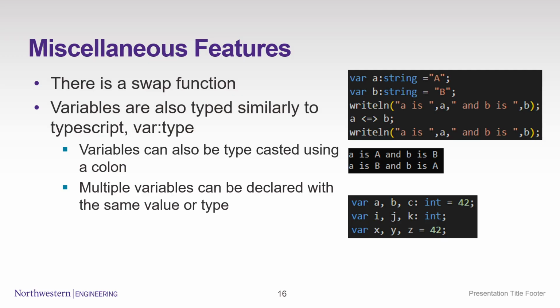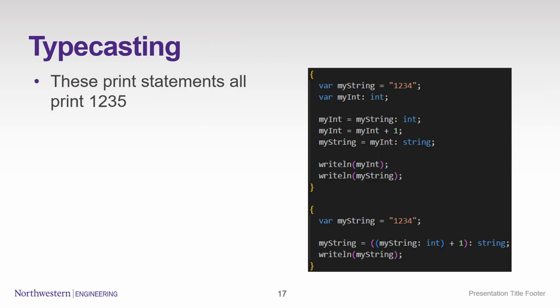Variables in Chapel are also typed similarly to TypeScript, which uses a variable name, colon, and type. Variables can also be typecasted using a colon, and multiple variables can be declared with the same value or type in a single line. For typecasting, you can see that you can set myString to be the string 1234 and myInt to be an int.